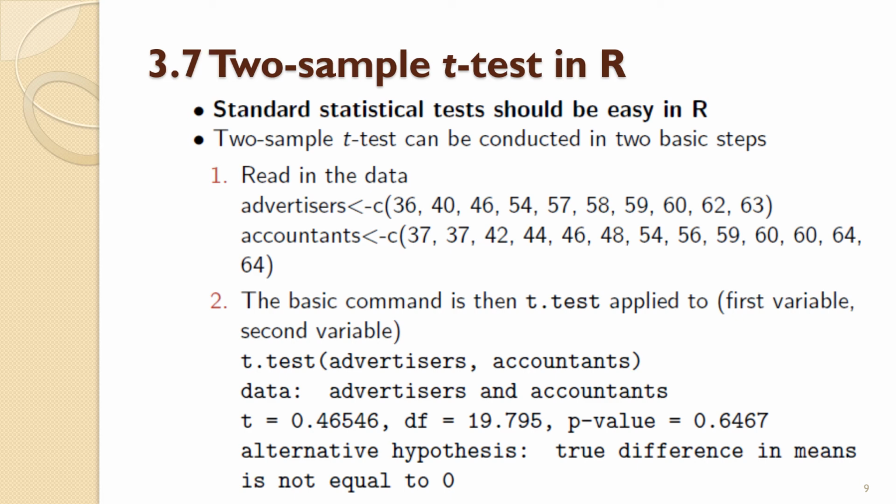Now think of this as something that acts on the list, where the first name in the list, advertisers, is the first sample that you're comparing, and the second name in the list, accountants, is the second set of data that you're comparing.